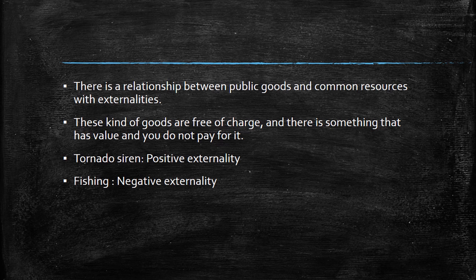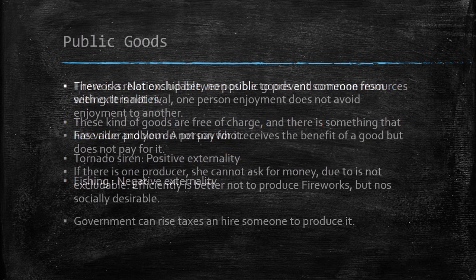So in this case, you can see how the tornado siren is cataloged as a public good that comes from a positive externality, and fishing comes from common resources, which is a negative externality.